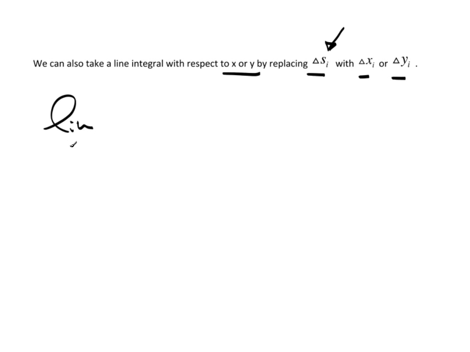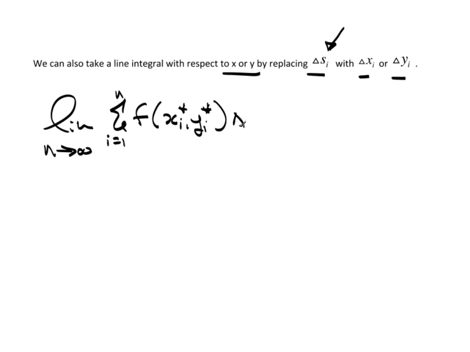So the limit as n goes to infinity of the sum i equals 1 to n of f of, using this prior notation, x_i star, y_i star, delta x_i, there's my replacement right there, equals the integral over the curve of f of x, y, dx. I'm now taking the integral with respect to x.